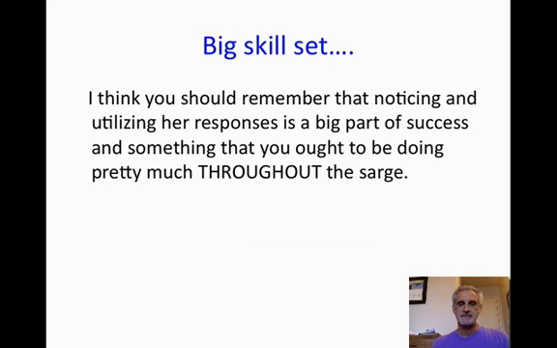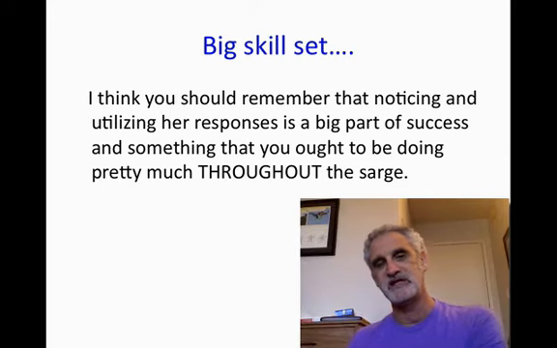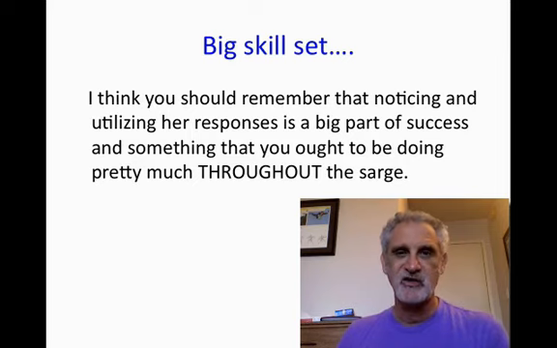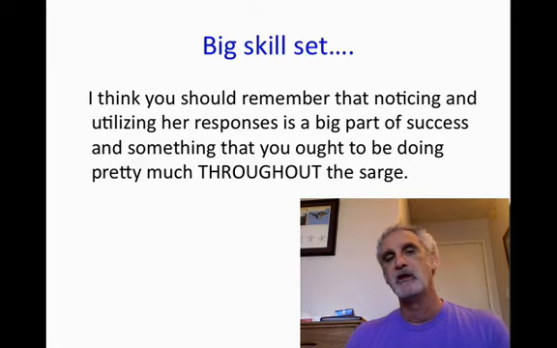Here's a big skill set that I think you're not thinking about, Joe, which is noticing and utilizing her responses. What I see is a sort of mechanistic, one-sided approach where you do A, B, C, D, but what you're not factoring in is the skill set of noticing and utilizing her responses. Now, maybe in fact you are doing it. I don't see that in the question. It's really important with speed seduction to remember that a big piece of the skill set, like a third of it, is knowing how to notice her responses. Are you getting trance words from her?